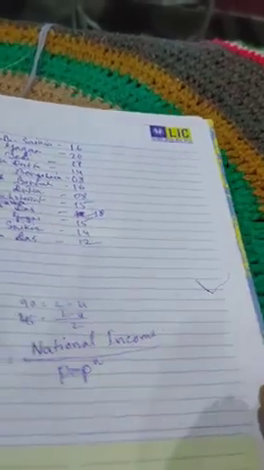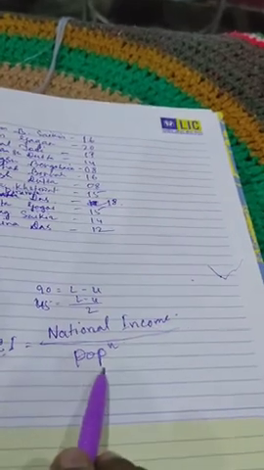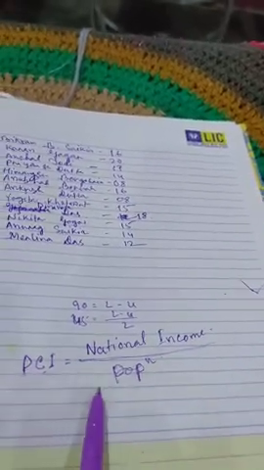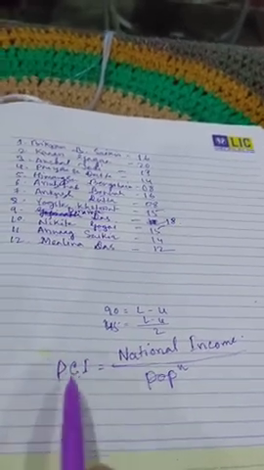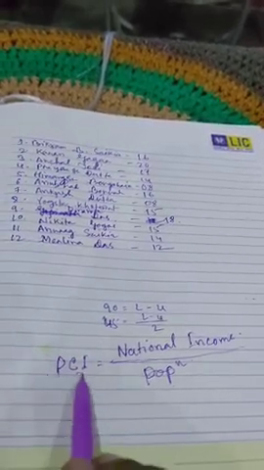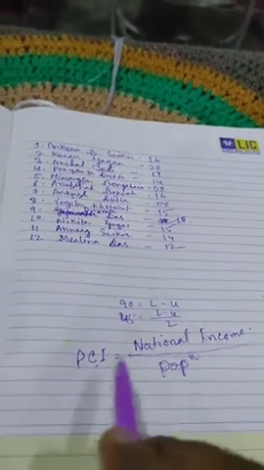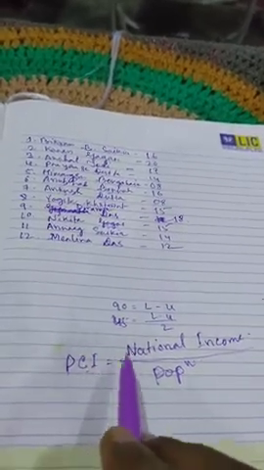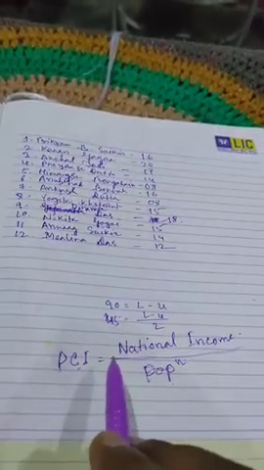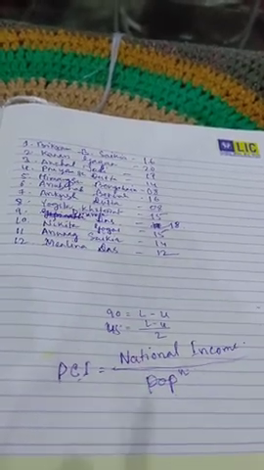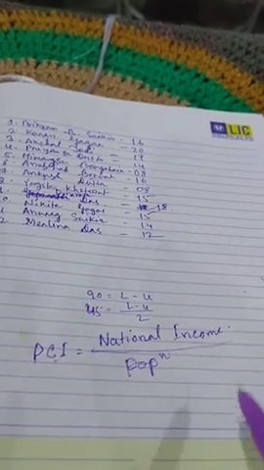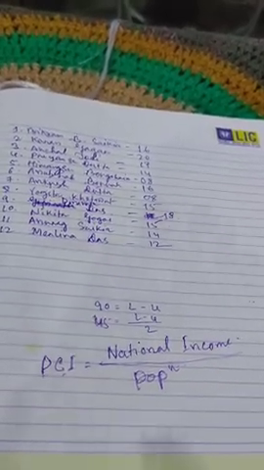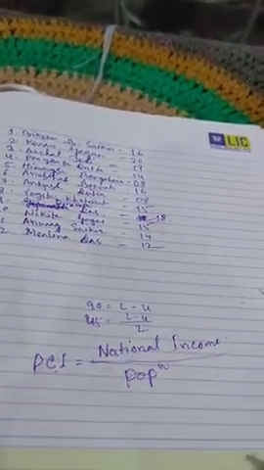When we divide the total national income of the country by the population, we get the per capita income, and this per capita income is nothing but the average income. So this average income helps to know the condition of the poor people, that means whether the people of the country are poor or rich. It can be confirmed with the help of the per capita income.